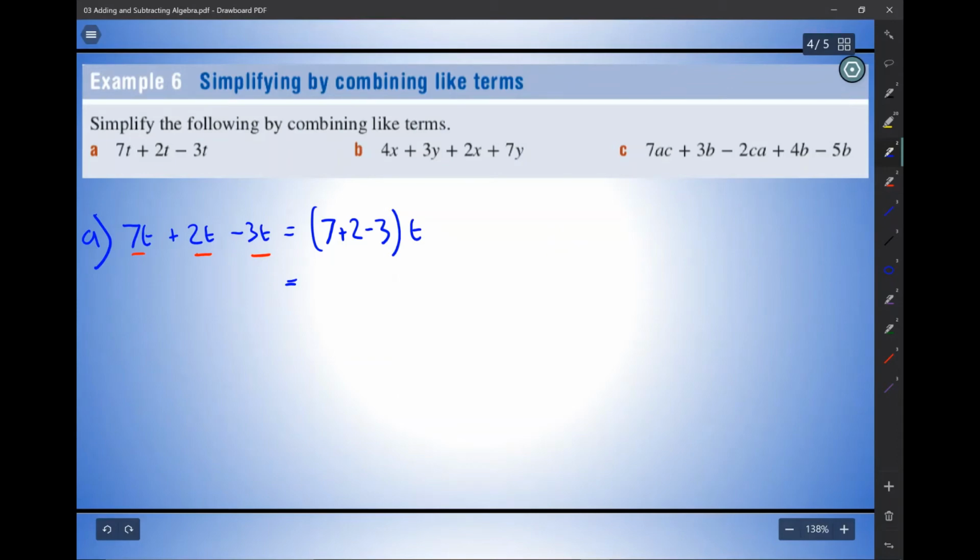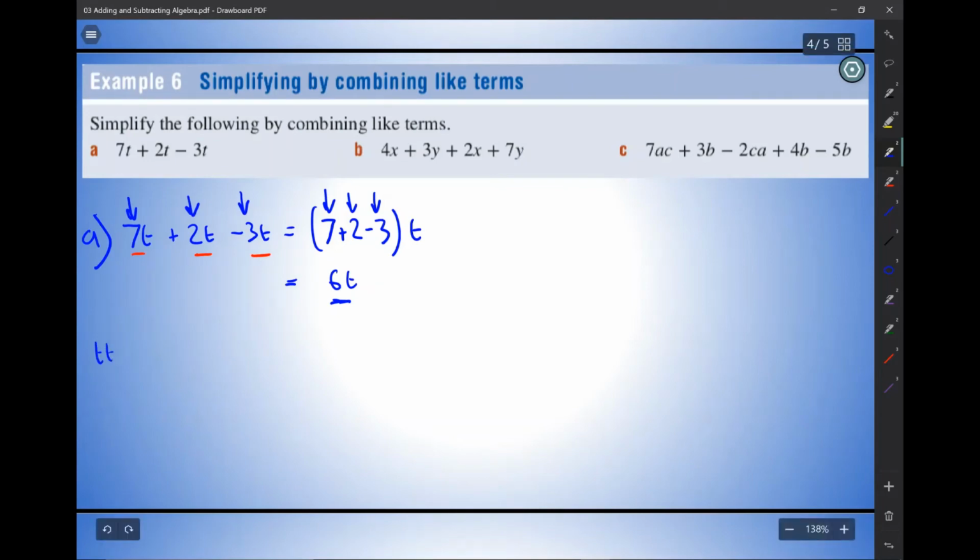So this is going to be 7 plus 2 minus 3, which is 6t. So 6t means the same as 7t plus 2t minus 3t. And you can imagine it this way.